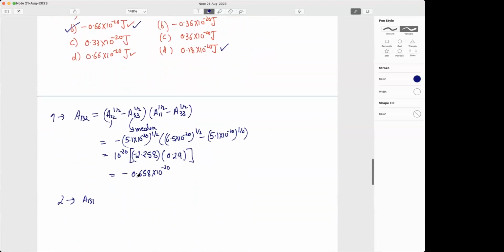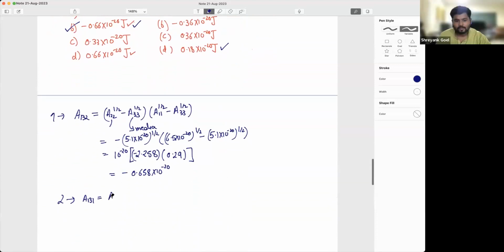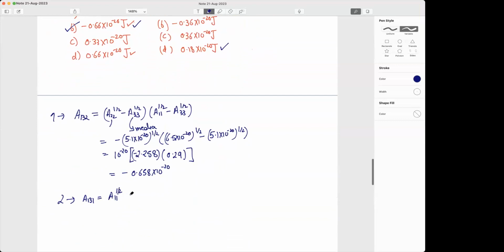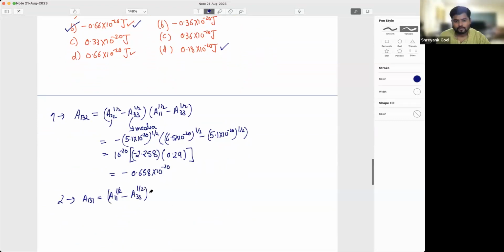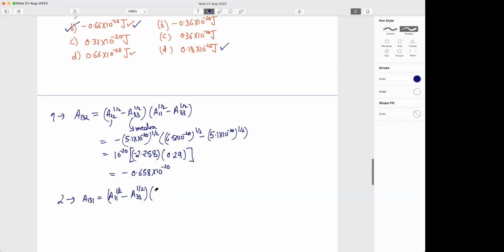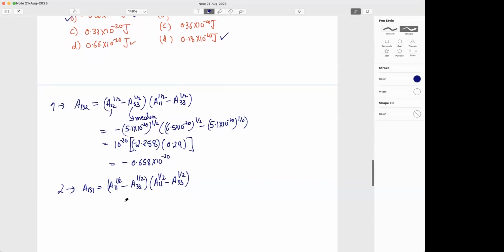(A11 power 1 by 2 minus A33 power 1 by 2) into (A11 power 1 by 2 minus A33 power 1 by 2). So it is the whole square, sir.